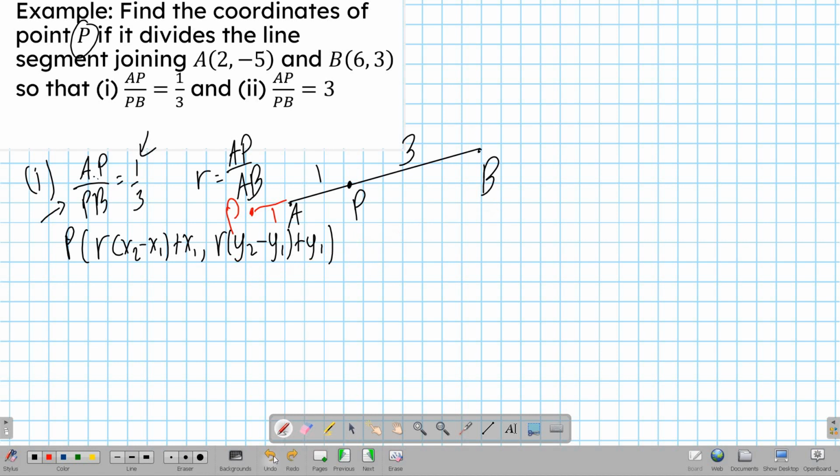So, let's delete that. Now, from here, this is AP over PB. Therefore, AP over AB, the R that we're going to use, would be 1 over AB, which is 1 plus 3, which is 4.